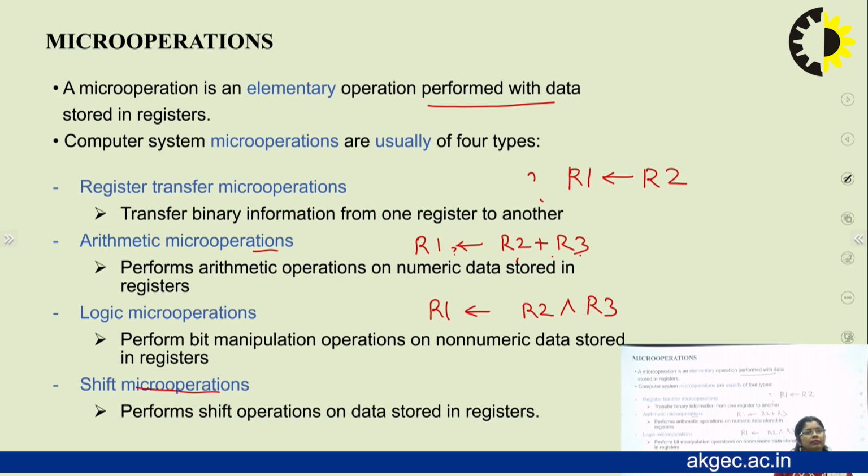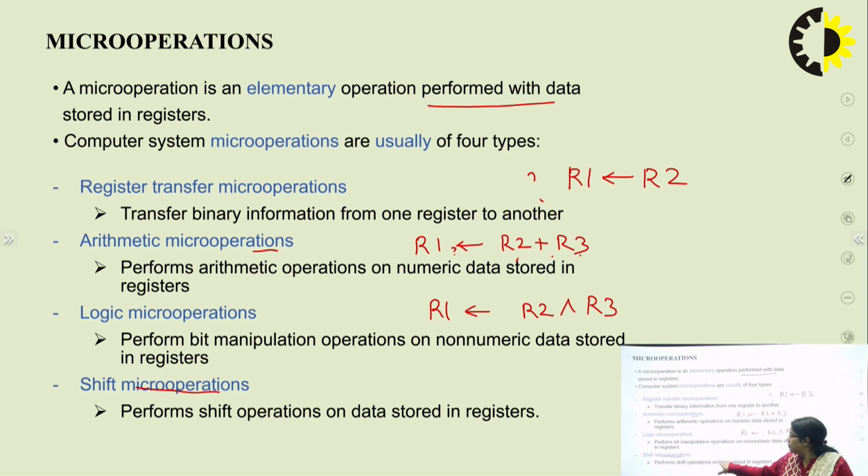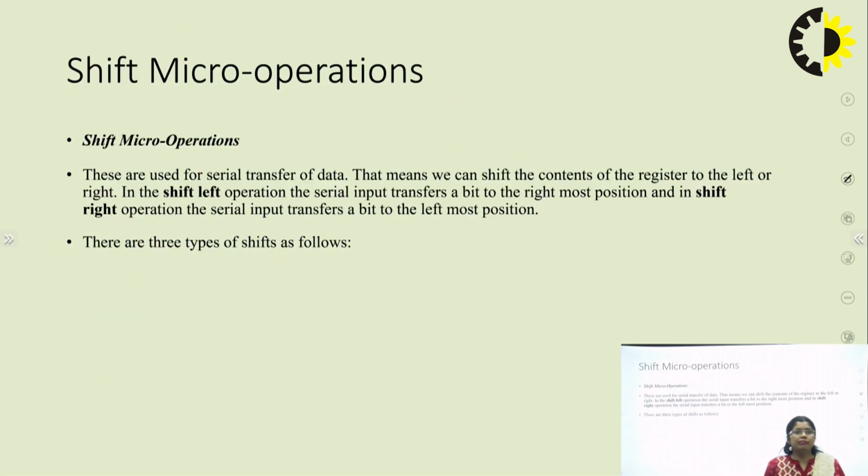Today we are going to discuss the shift micro operations. Shift operation means the bits stored in a register are shifted, or the bit positions are changed. In a shift micro operation there is a serial transfer of data.